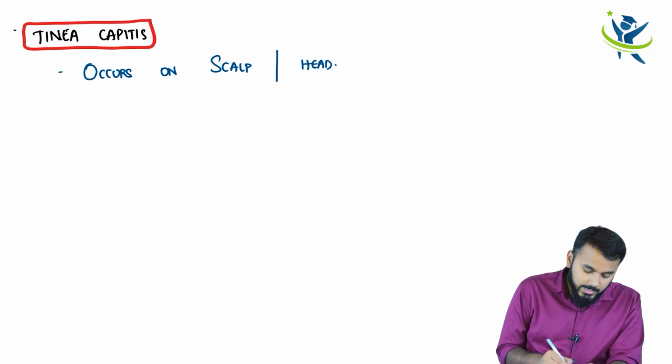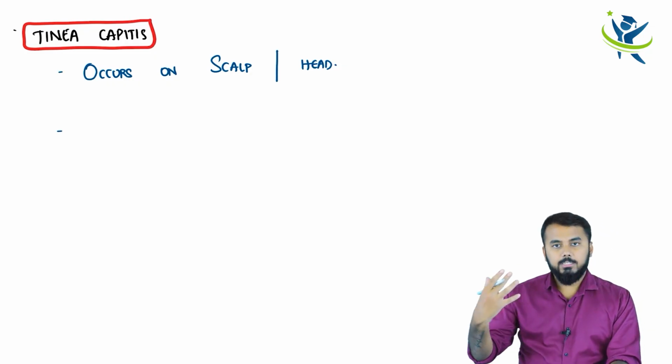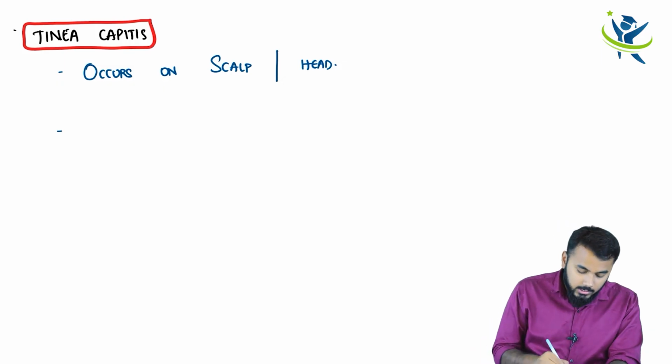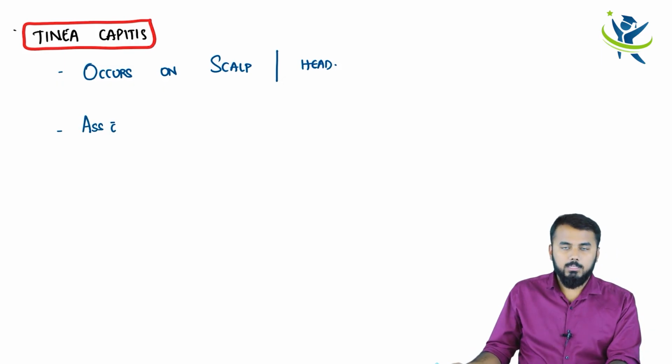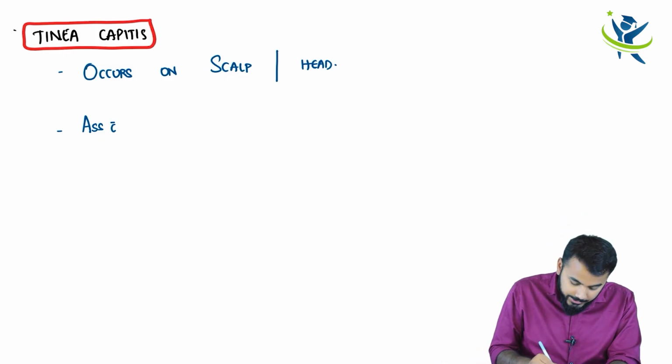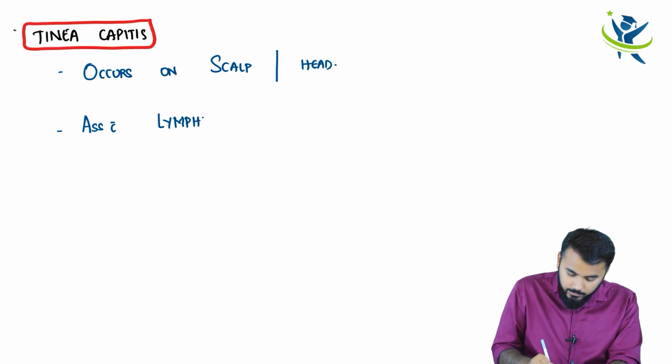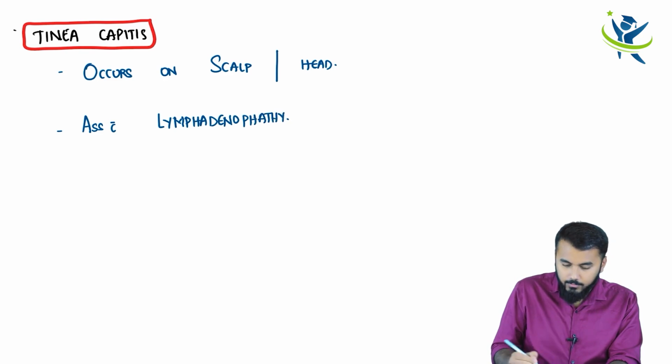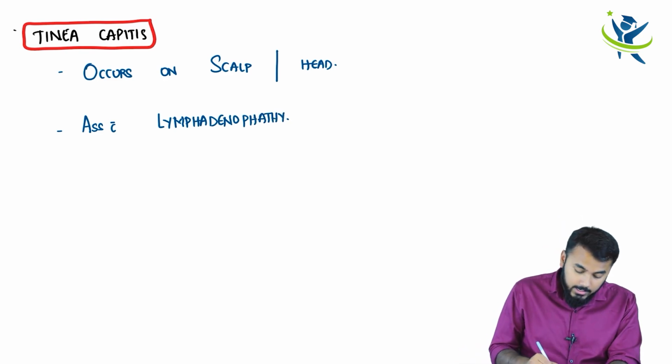Whenever a patient gets this infection, tinea capitis, what is it mostly associated with? The first important thing is that the patient can have lymphadenopathy, right? Mostly the occipital lymph nodes will be enlarged. At the part where the infection is, there can be alopecia.